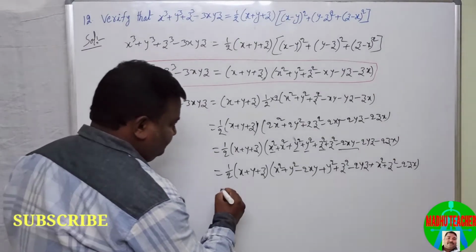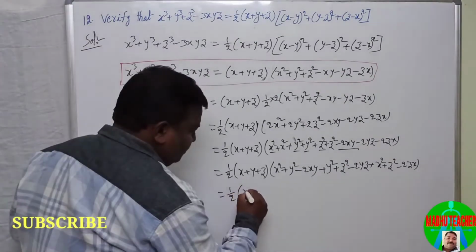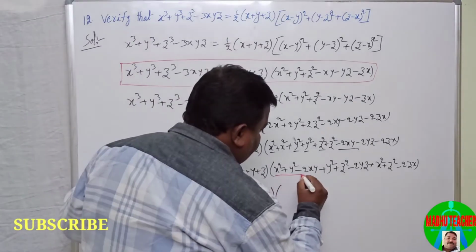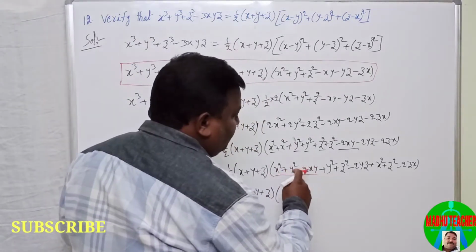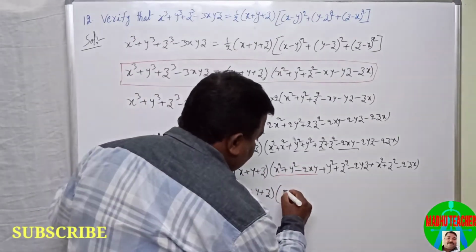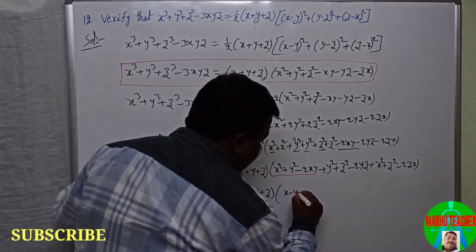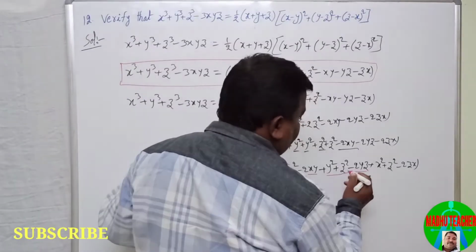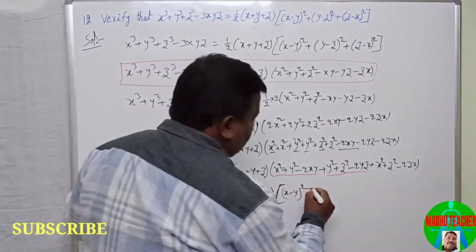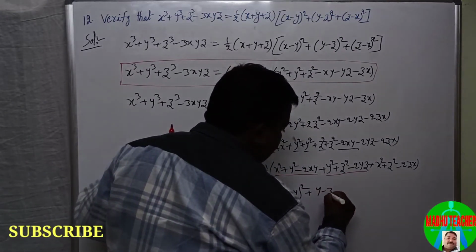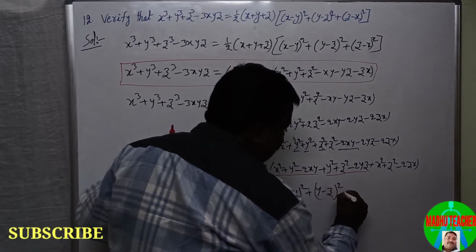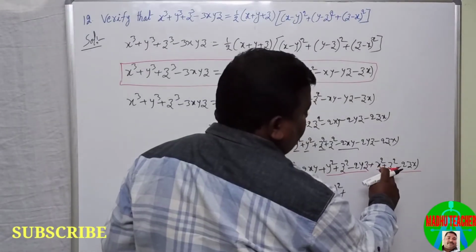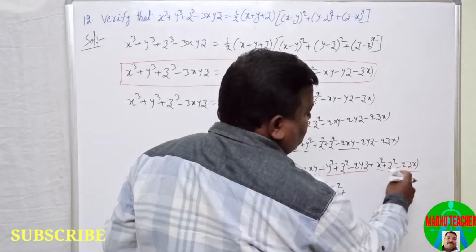So that equals half into x plus y plus z into, it is x square plus y square minus 2xy. So we can write this as x minus y whole square. Next, y square plus z square minus 2yz, so it is y minus z whole square, plus from this it is x square plus z square minus 2zx.